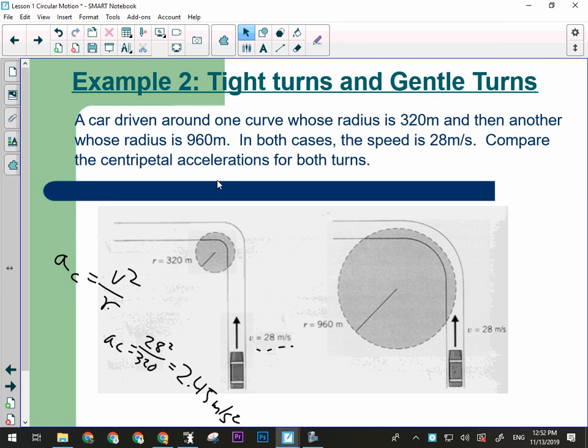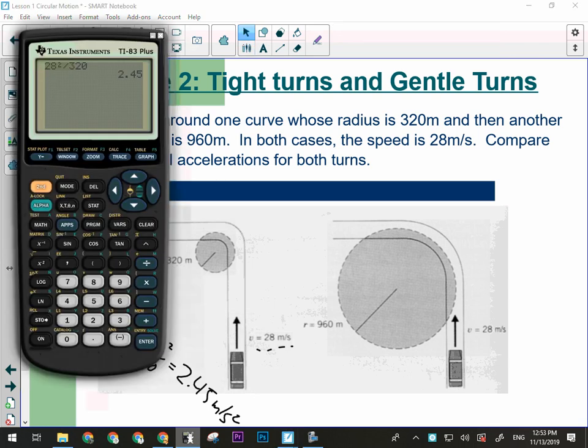Okay, to give you an idea, just for curiosity's sake, most production vehicles can withstand a centripetal acceleration around 7 to 8 meters per second squared. Okay? Does that mean it would be comfortable for the occupants of the car?